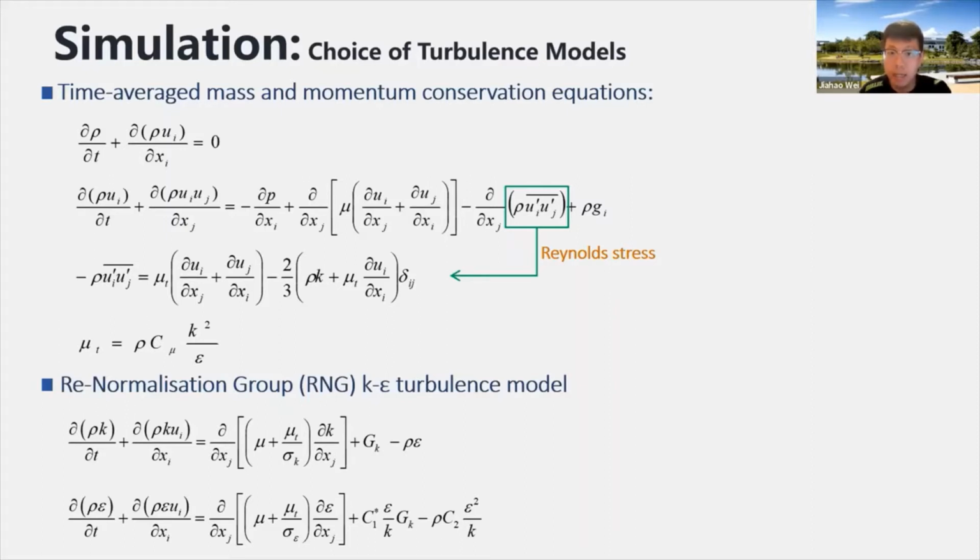In this study, the RNG k-epsilon model is selected as the turbulence model because, compared with the standard model, the RNG model considers the influence of vortices on turbulence, which improves the accuracy of vortex flow.